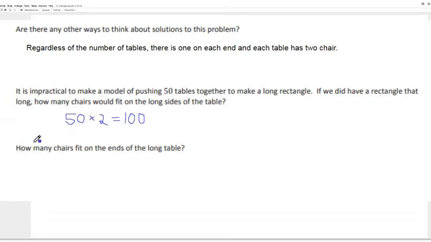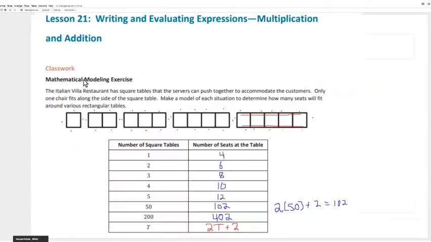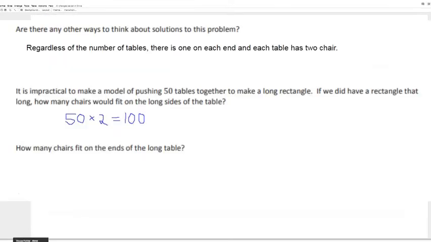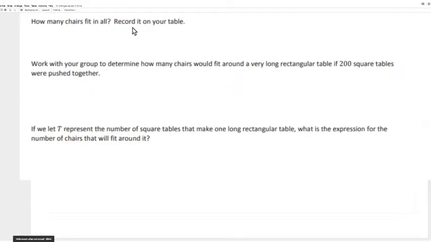Now it says, how many chairs would fit on each end? At the end of each of these, there's 1 chair and 1 chair. That's 2 chairs. So how many chairs would fit on the end? That would be 2. The next question would be, how many chairs would fit all together?